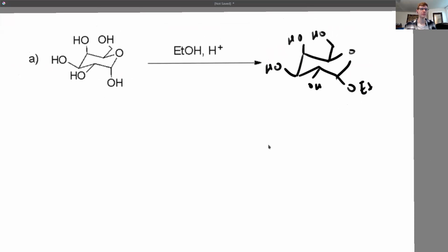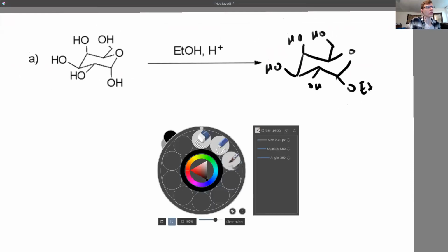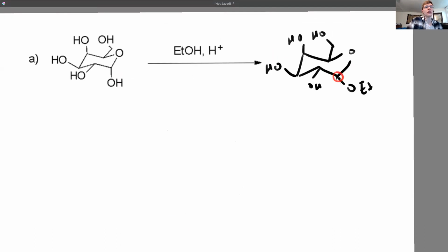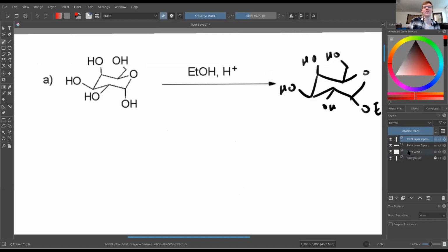Sorry, and that one's an equatorial position? It's, since this is the anomeric position. Okay, you can just do a dot, a dash, or whatever. So this is, yeah, good point. Okay, I can't erase for some reason. Boo. All right. There we go.